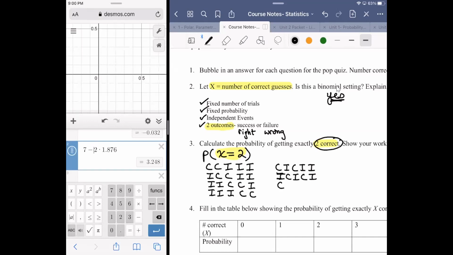Maybe the first and last one were correct and the ones in the middle were incorrect. All right, maybe it was the first one that was correct and then I got a couple wrong, and I got one correct, and then I finished up with an incorrect one. All right, so that's a couple more there.